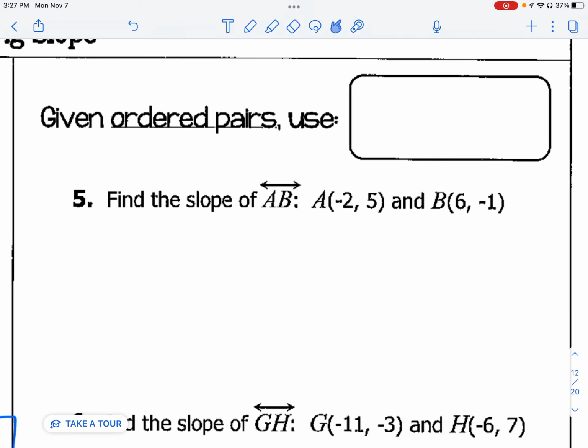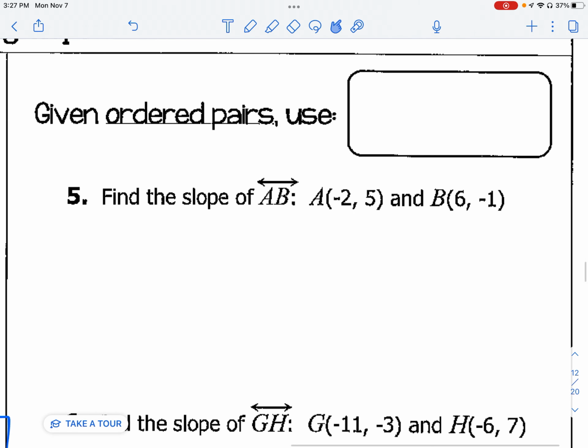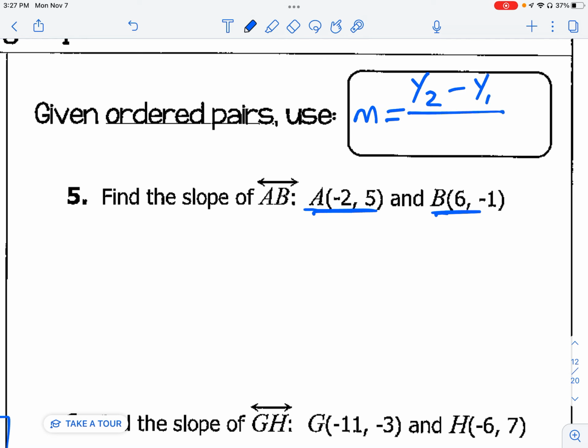And I know you all remember this, but we're going to go over it anyway. If we have an ordered pair, right, we have points A and B, we're going to use the slope formula, which is what we use for our slope: y2 minus y1 over x2 minus x1.